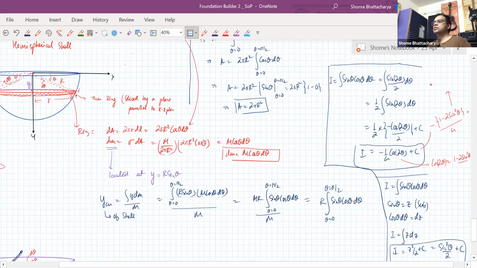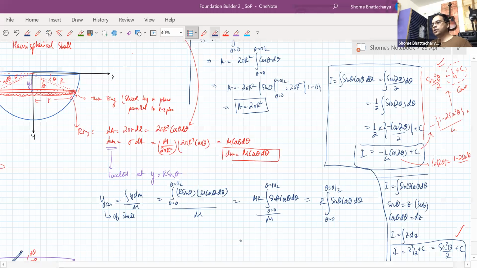That will give me sine square theta by 2 minus 1 by 4 plus c. So that 1 by 4 is absorbed in the constant only. This is constant. So it is basically sine square theta by 2 plus c. So this and this are the same. There's something interesting about the integration here also.